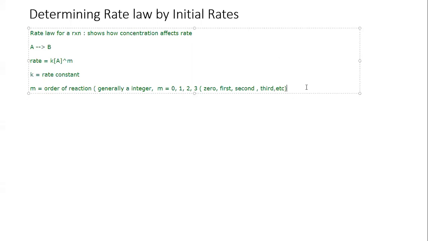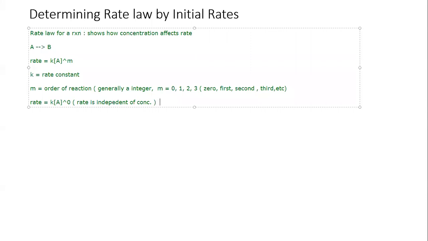So for example, if we had a zero order reaction, so we have our order of reaction is 0. What this means is that the rate is independent of concentration. So no matter if you change the concentration, it's not going to change the rate of the reaction.